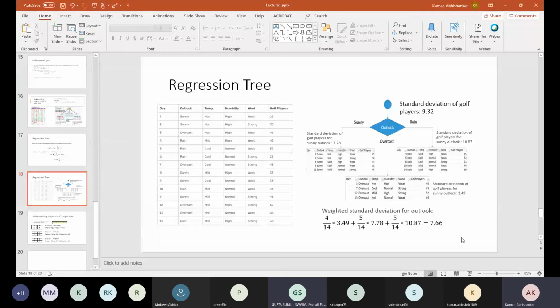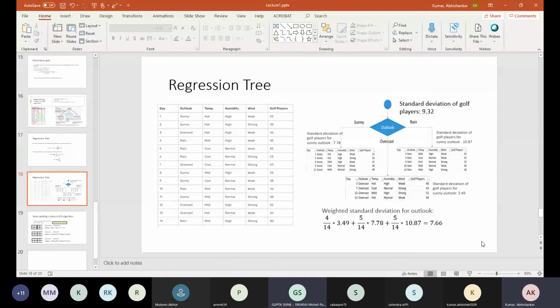Yes, you can calculate it, but I will show you how to do it in Python when we do this hands-on class. This is going to be simple actually. You just have to do a group-wise standard deviation and you will get all these numbers out of it. So are you getting 7.78?